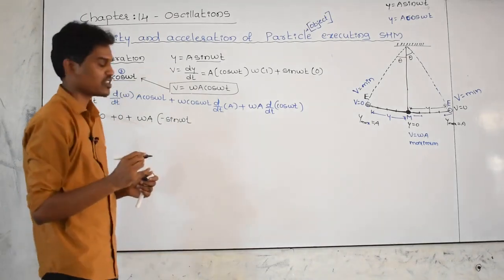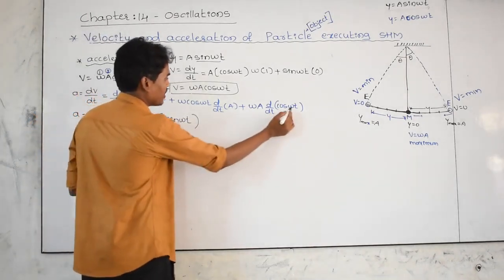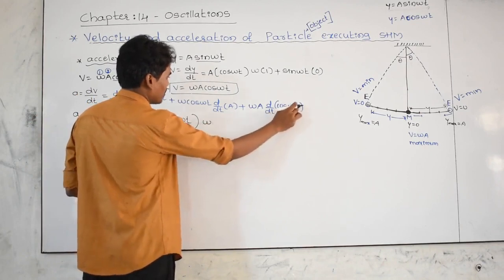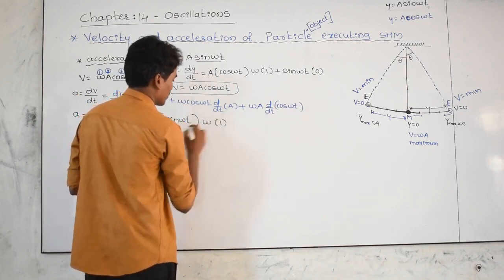Again the differentiation of omega I write as it is, and the differentiation of t is 1.